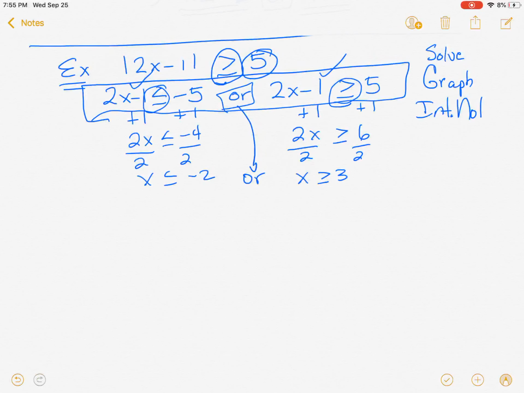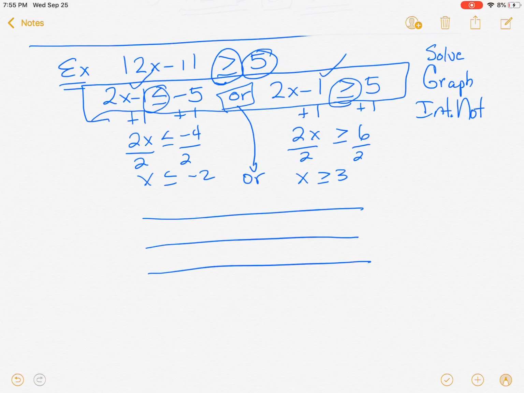Okay? So now I can do the 3-line method. That's why we did the 3-line method in the compound inequalities. So I'm going to set up x less than or equal to -2, x greater than or equal to 3, and then the or. All right, so I've got -2 on the left, 3 on the right.